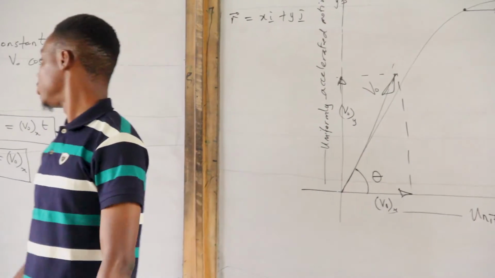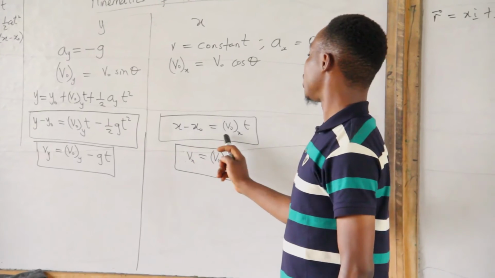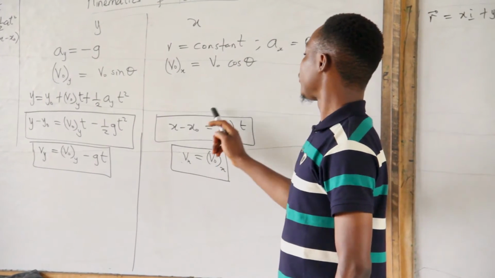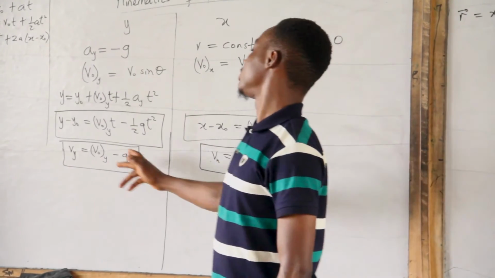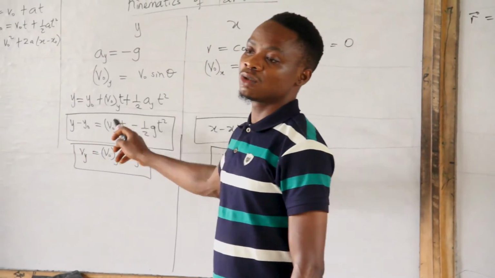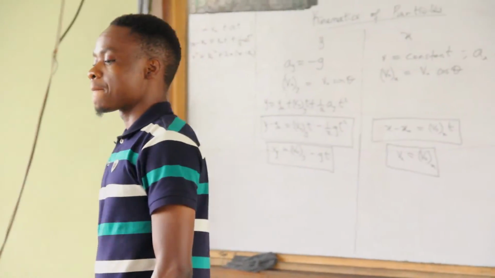When I get all of those, I will use this equation to get t in terms of v0 and x, and put it into this expression, so I'll be able to solve for the other one. It's quite easy to do. We're going to solve problems using this idea.